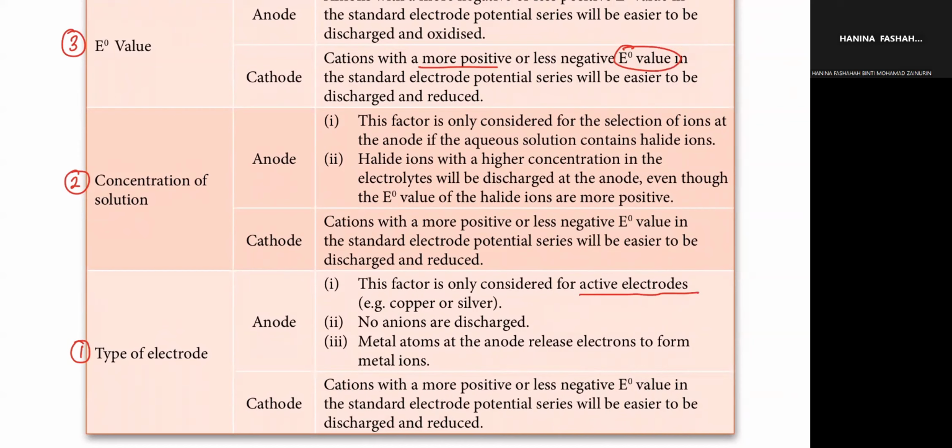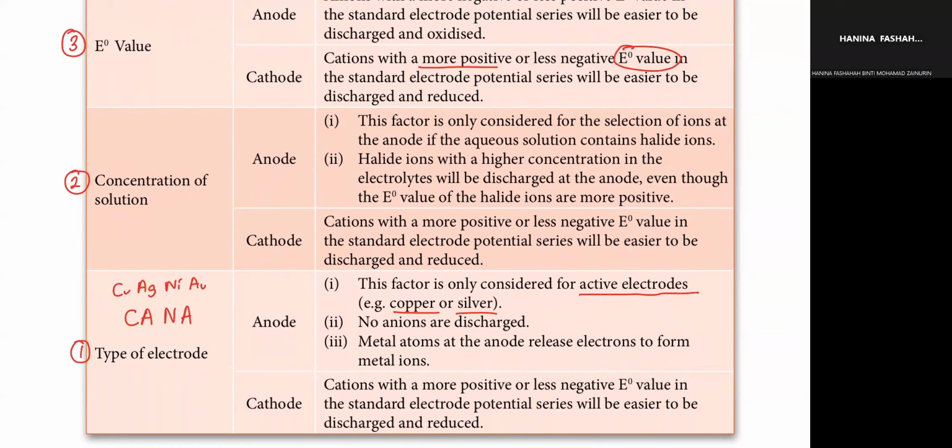Normally only copper and silver come up, and in very rare cases nickel or gold, but nickel and gold normally don't come up. That's why here it is only copper and silver.